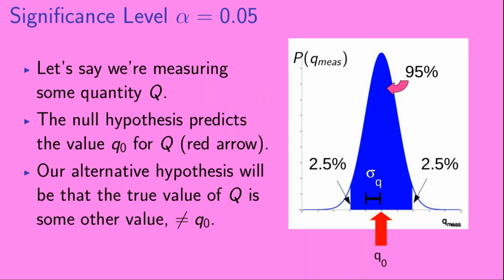Let's say we're measuring some quantity Q. The null hypothesis predicts the value Q0 for Q, shown here by the red arrow. Our alternative hypothesis will be that the true value of Q is some other value not equal to Q0.